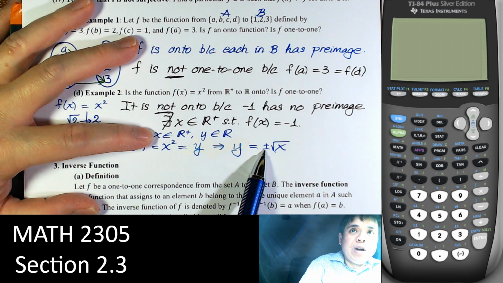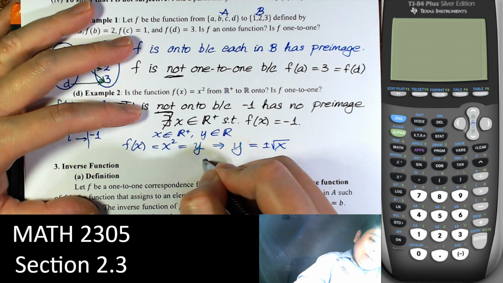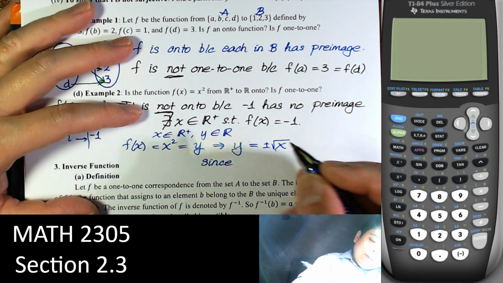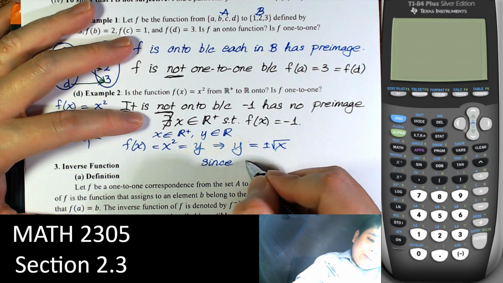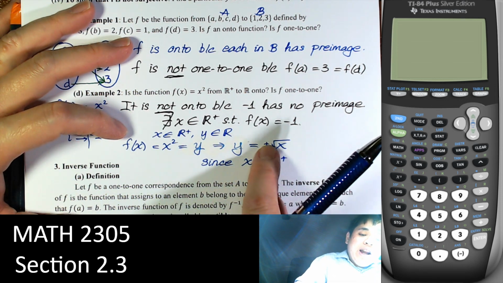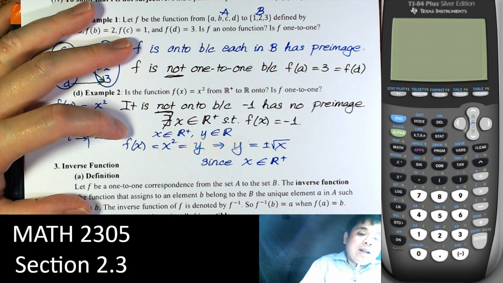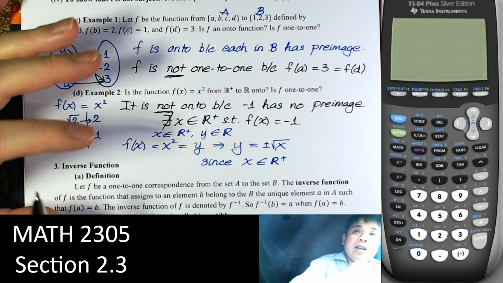So there's only one square root of x. We don't have the negative square root of x because that would be negative.